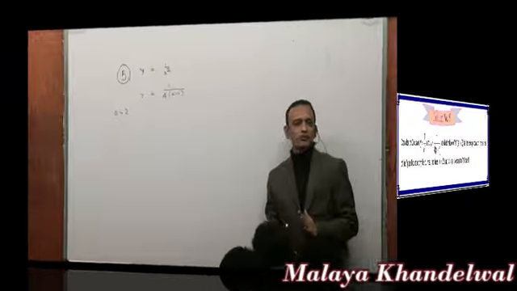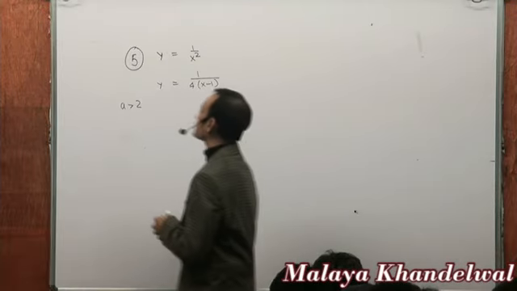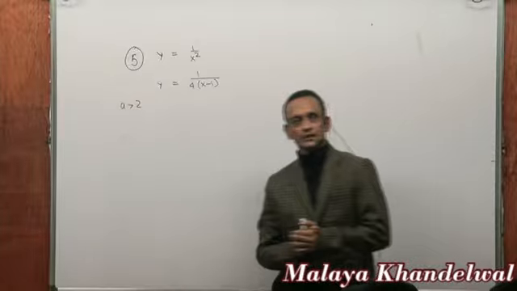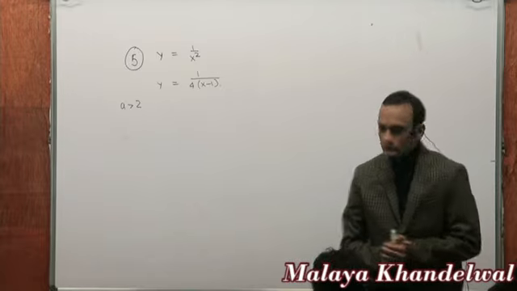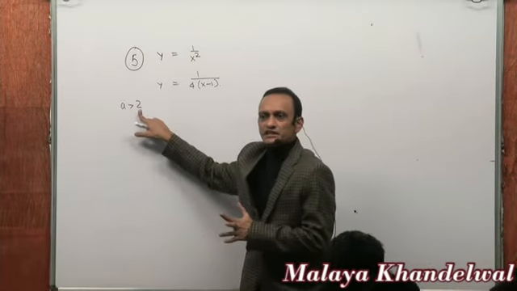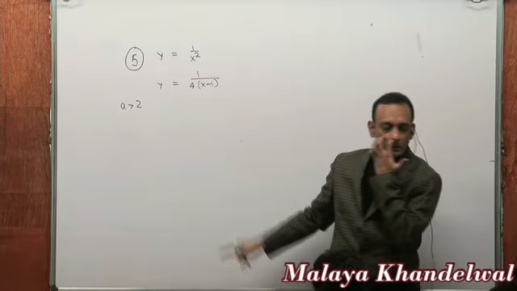Next problem is about these two curves, y equal to 1 by x squared and y equal to 1 by 4 into (x minus 1). And A is a number greater than 2.